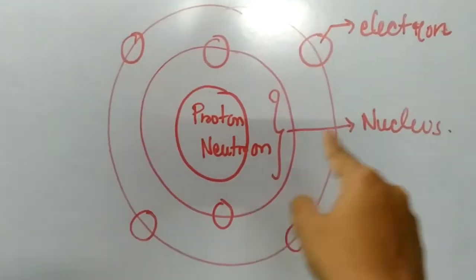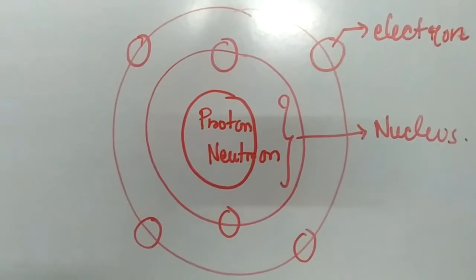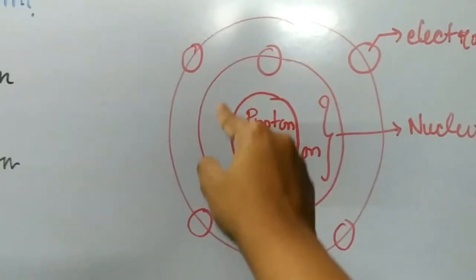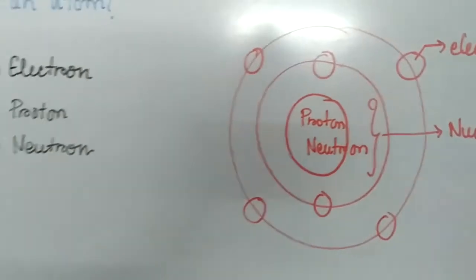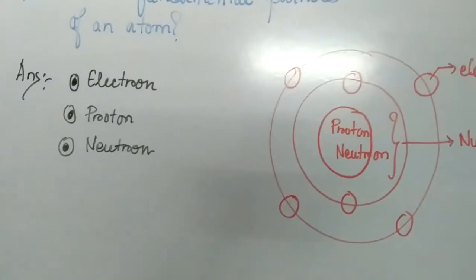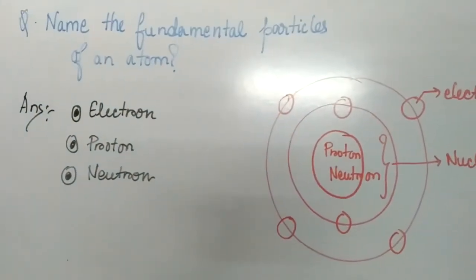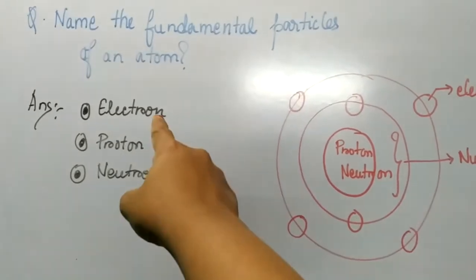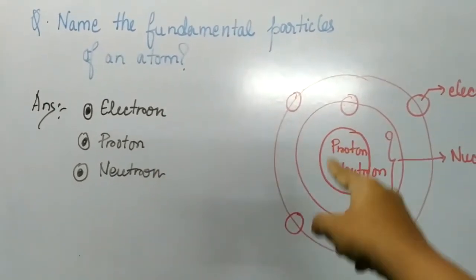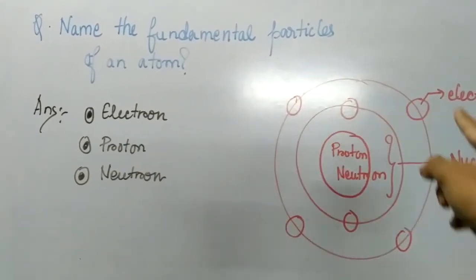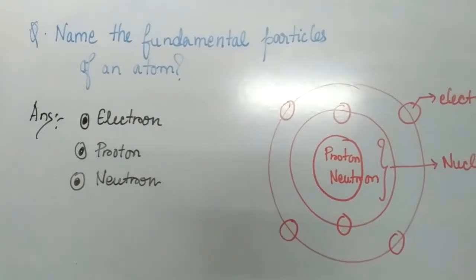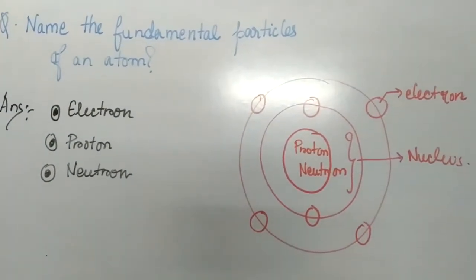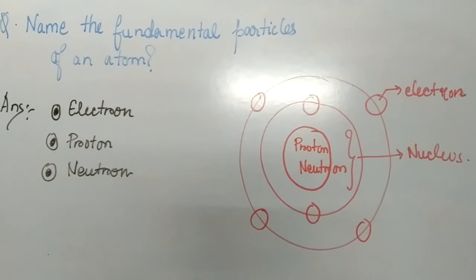Okay, and this together is known as the nucleus, and surrounding the nucleus we will be getting electron. Now, this fundamental particle of atom is then electron, which surrounds and continuously revolves around the nucleus, which is having a negative charge with a negligible mass.